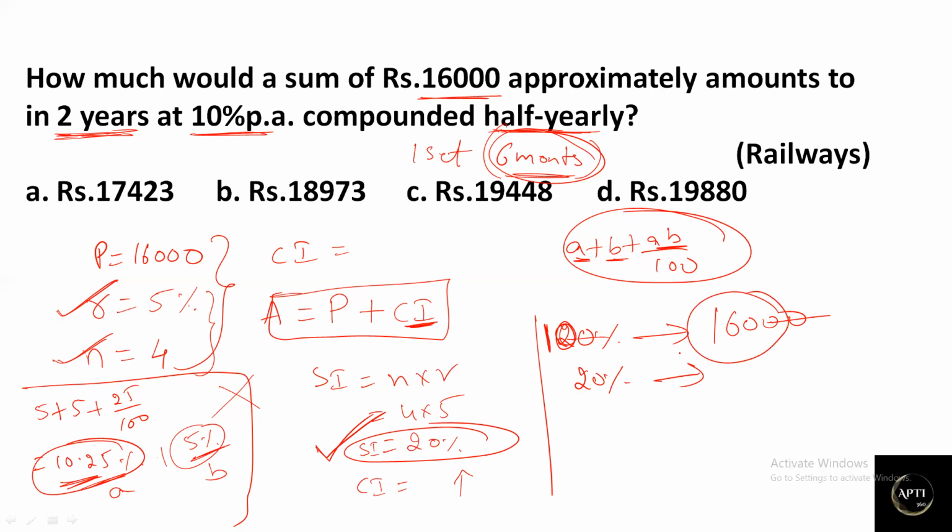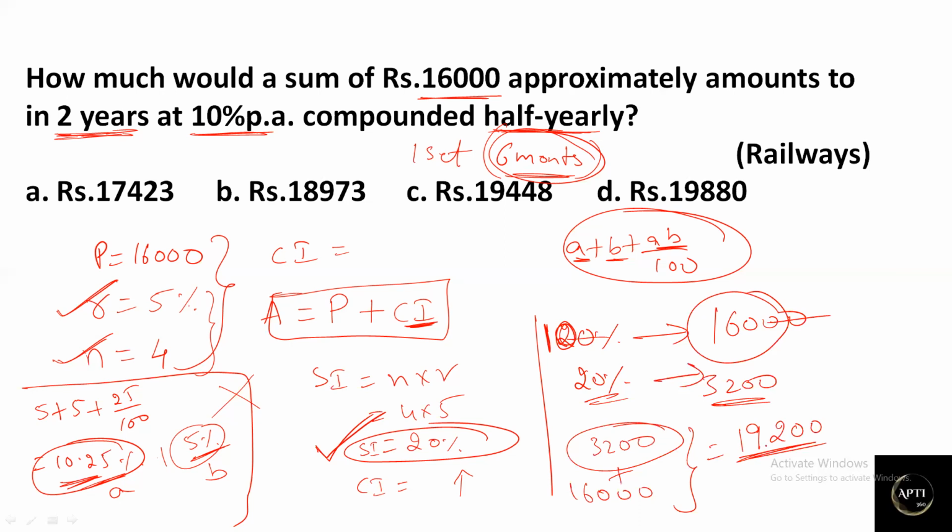If 10% is 1,600, can I say 20% is 3,200? Now what is this 3,200? Simple interest. Plus the principal amount, 16,000. 16,000 plus 3,200, can I write it as 19,200?